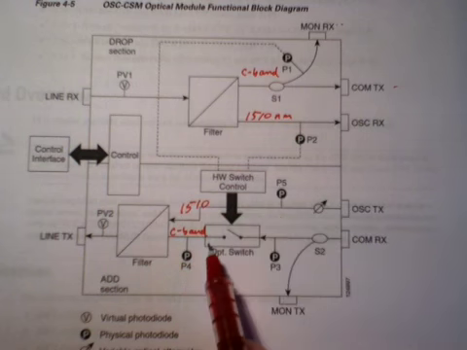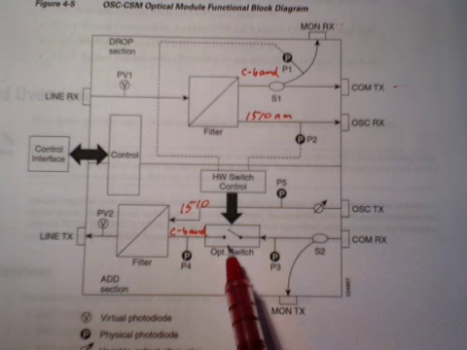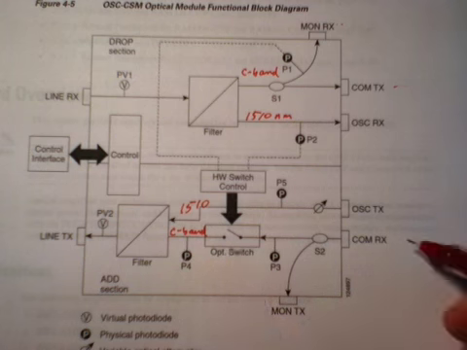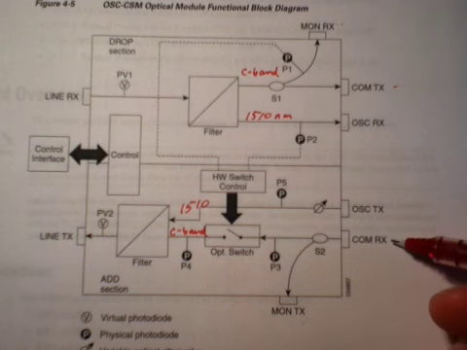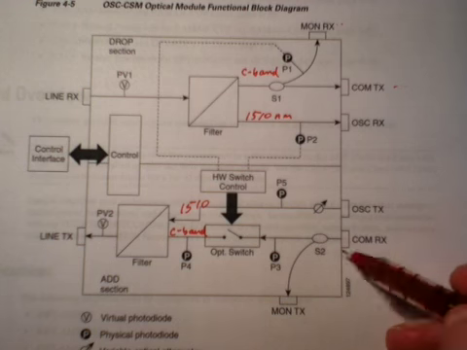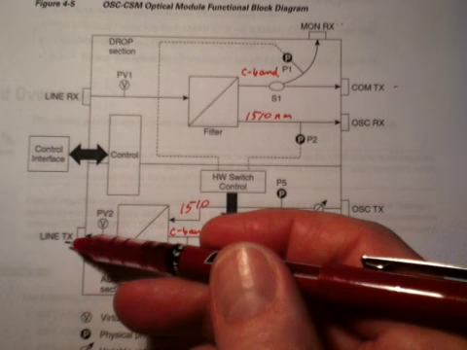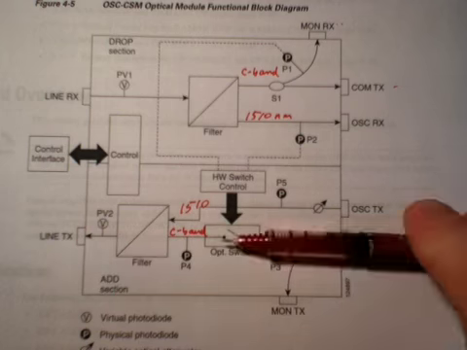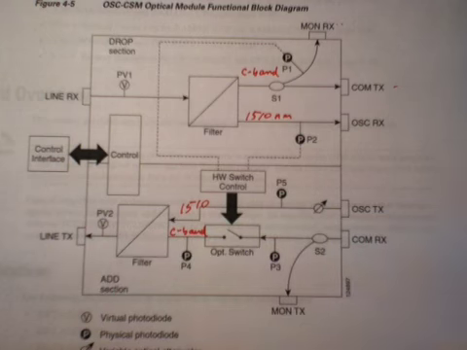And we have an optical switch here where we can turn the rest of the signal on, and so here's the signal that we're going to get from our optical multiplexer. Okay, and this signal then has a monitor on it, but then it also goes straight through to the line output.